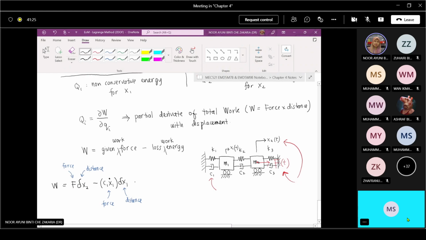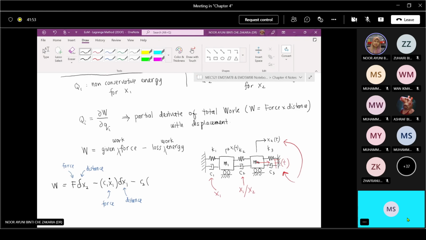And minus all lost energy is minus. You have to subtract all lost energy. Minus C2. C2 is affecting x1. It disturbs x1 and it also disturbs x2, whereas this one disturbs x1 only.